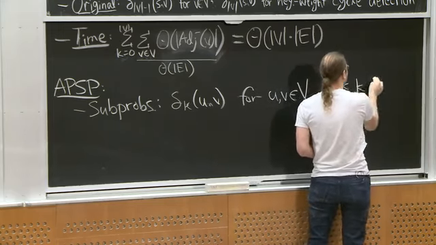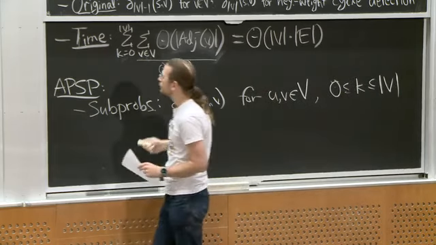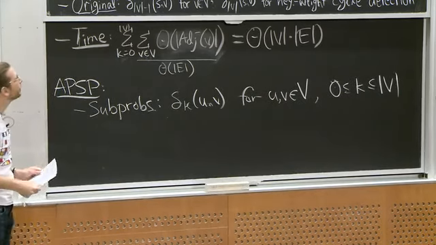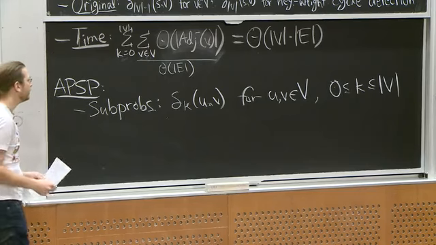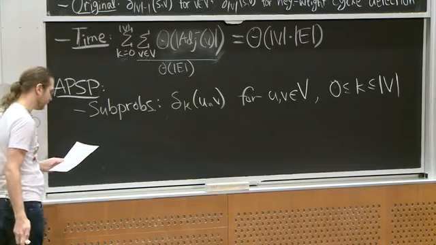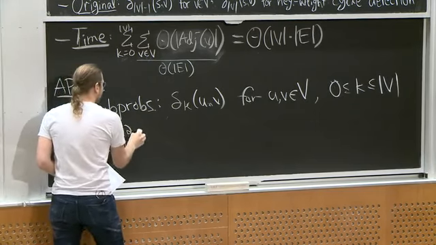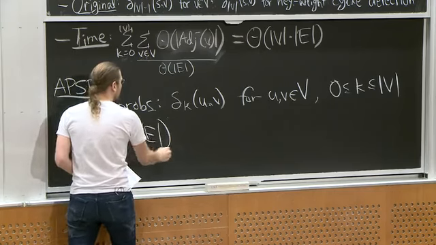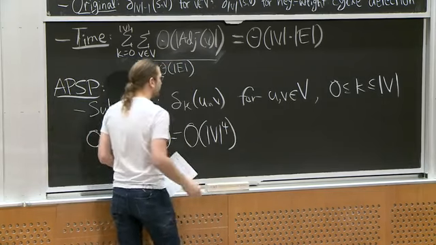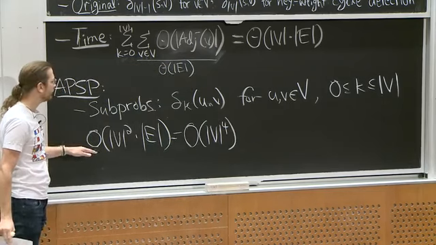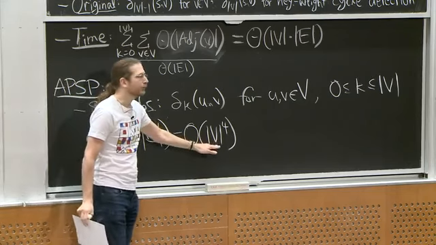And then we could say k up to V, something like that. So this would work, but it would give the same running time as running Bellman-Ford V times. This is one solution we know, but not the best solution we know for how to solve shortest paths. So this would give V squared E, which is at most V to the fourth. For dense graphs, it is theta V to the fourth. So this is V times E. But worst case is V to the fourth.